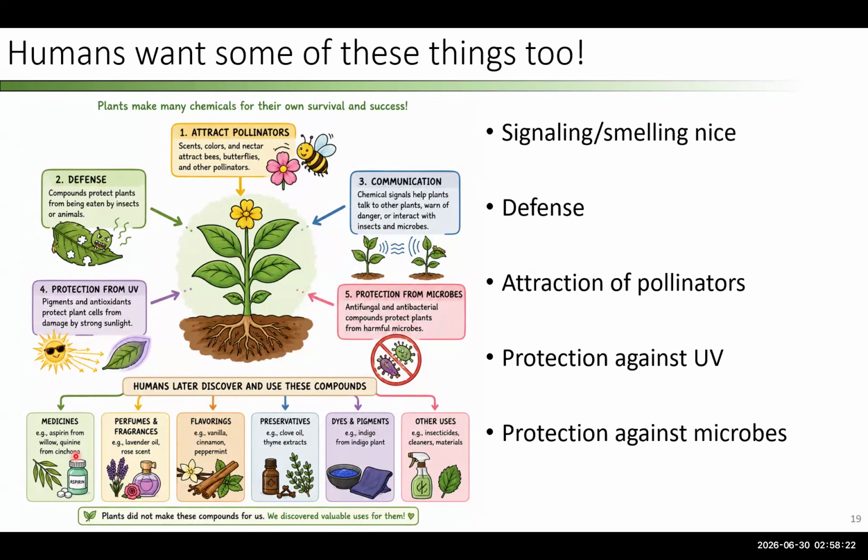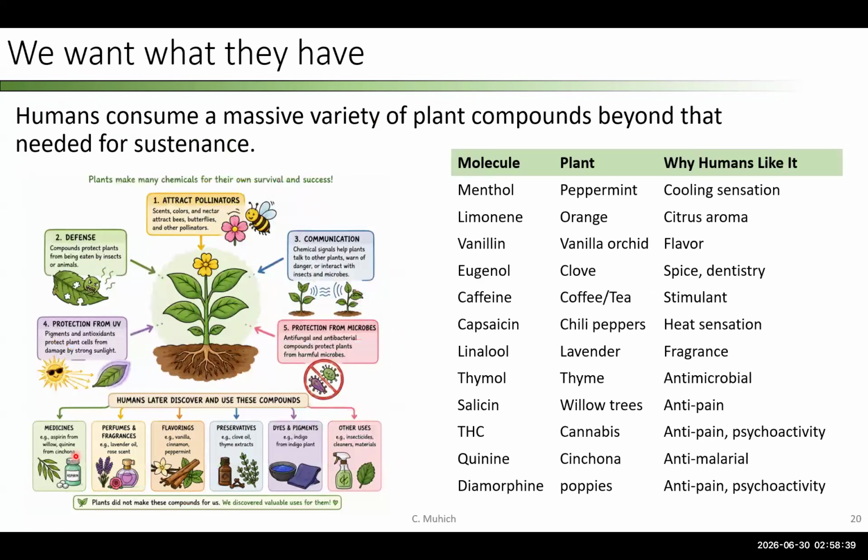So plants are not making compounds for us, but they're making compounds which the human body also responds to and which we find value in. And so, in essence, we want to take these compounds that these plants have made and put them to our own uses.